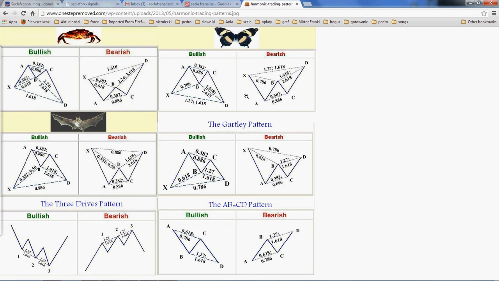But I'll try to explain it a bit easier, so you don't have to use all those Fibonacci levels. I'll come back to them later at the end of this video and explain it once again with those Fibonacci levels.